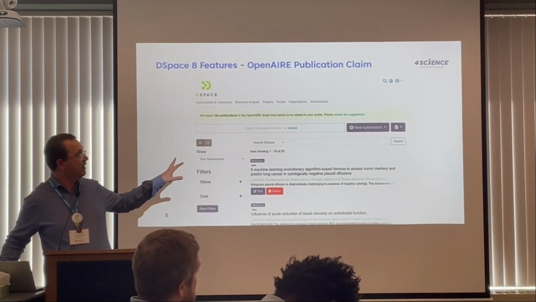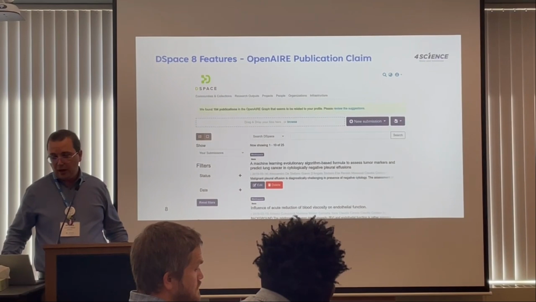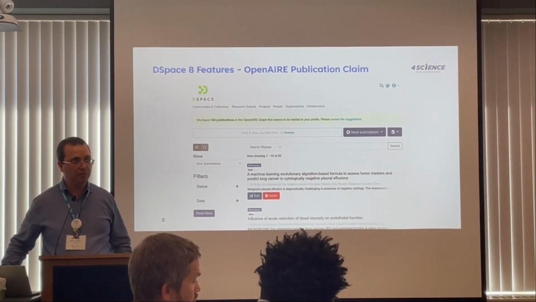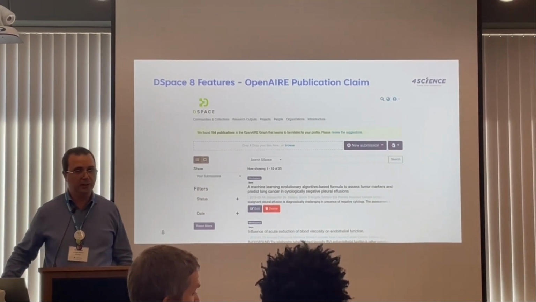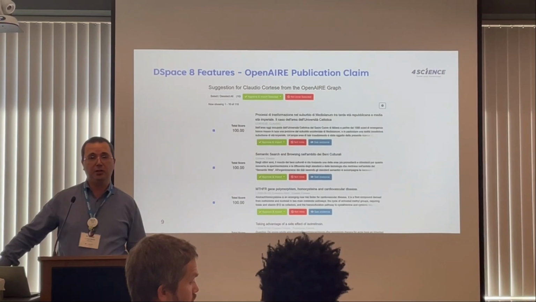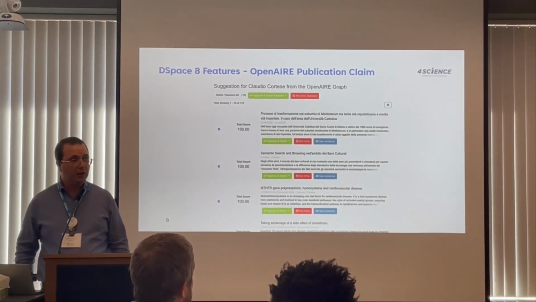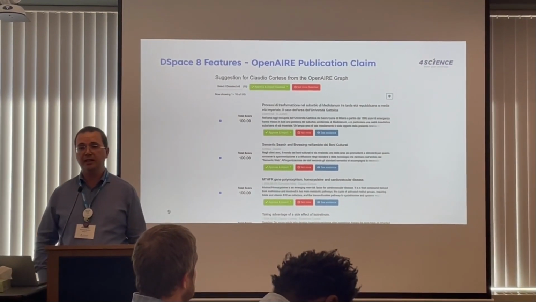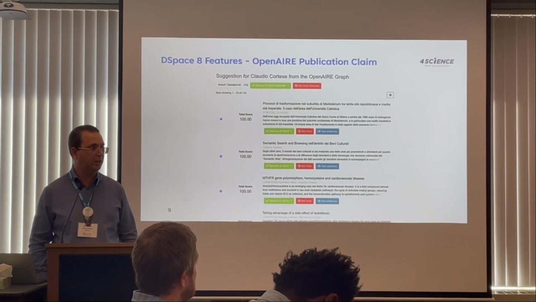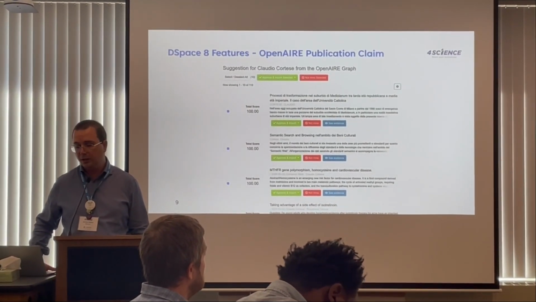You can still get the notification if you go to My DSpace, and you can follow this link to see the actual data that are suggested to be imported into the platform. They are just suggestions, because of course there could be false positives. There will be cases where you don't really want to import this content back into your repository because of different policies that you have in place.